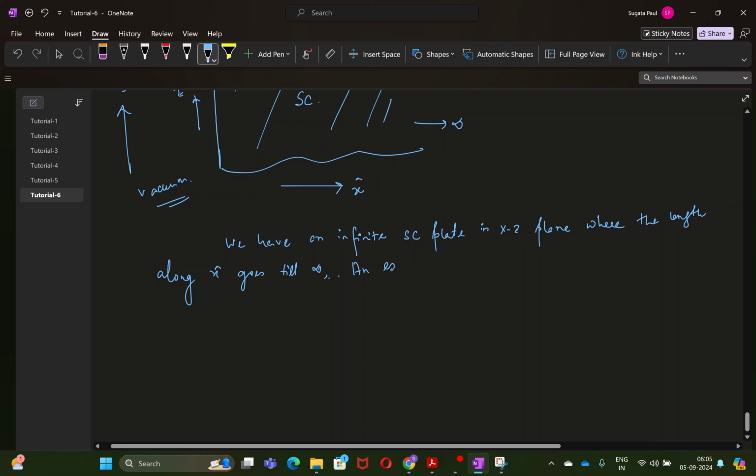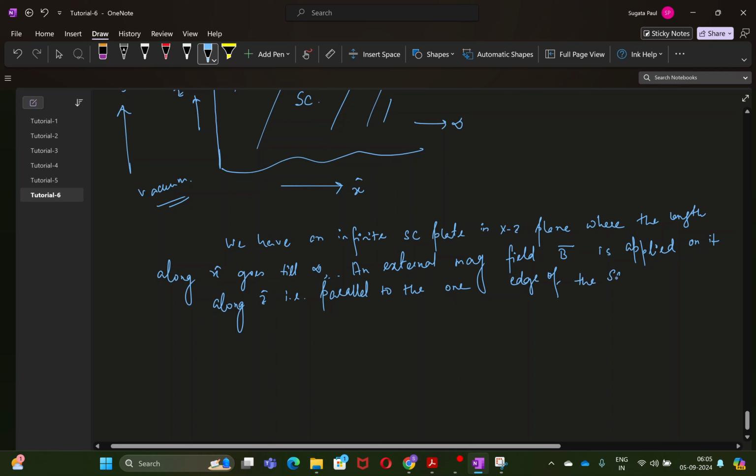Now an external magnetic field B vector is applied on it along the z direction, that is, it is parallel to one edge of the superconductor.